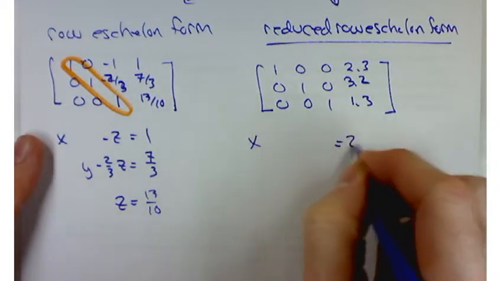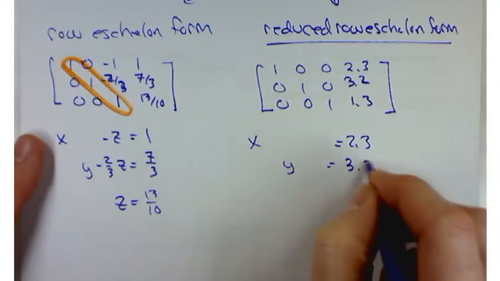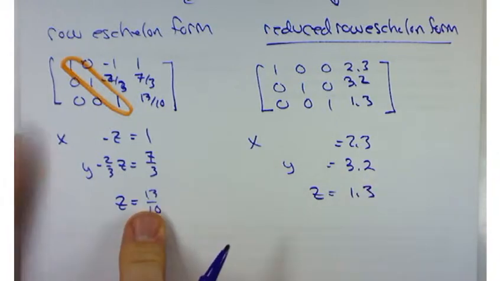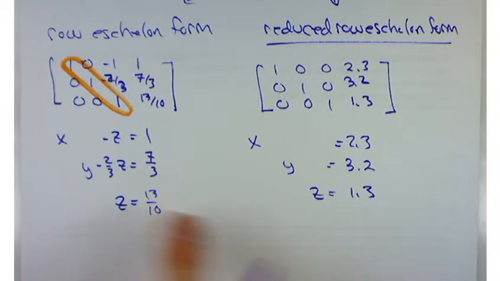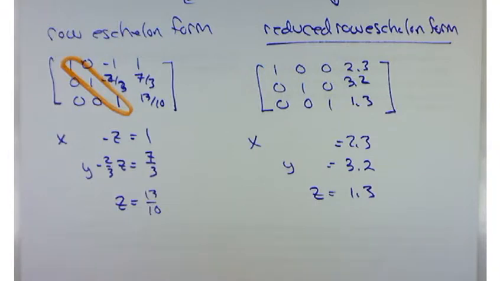X equals 2.3. Y equals 3.2, and Z equals 1.3, which makes sense because that's what it was over here, right? 13 over 10 is 1.3. Nice. So you've got your solution there if you're able to put things in reduced row echelon form.